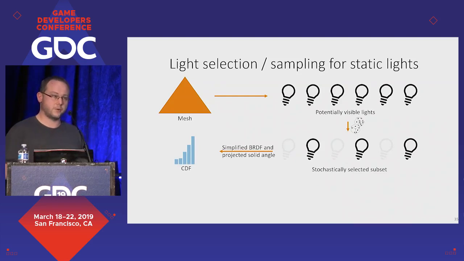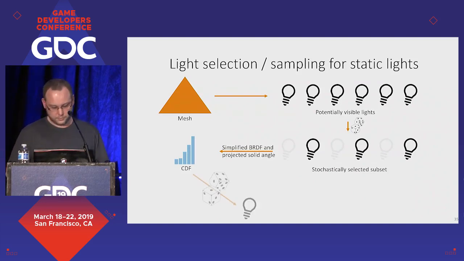And then we actually perform a very expensive importance sampling on top of that. So we have a simplified version of the BRDF and also consider the projected solid angle of these triangles. And so we build a CDF from that we can actually sample. And so this means that we have a point-specific CDF, so the quality of the sampling is actually pretty good. And so after sampling the CDF, we have one candidate for the light sources.